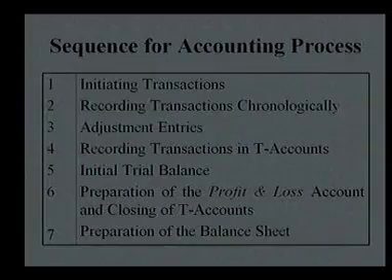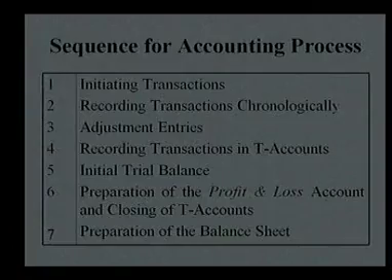Now, the step 2, what accountants do, they go on recording these transactions in a chronological manner. When you say chronological manner, that means they are written as and when they take place. For example, it would be recorded for 1st August, 2nd August, maybe 5th August, 10th August, like this they go on recording it.